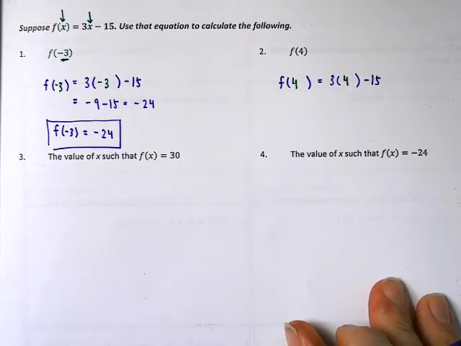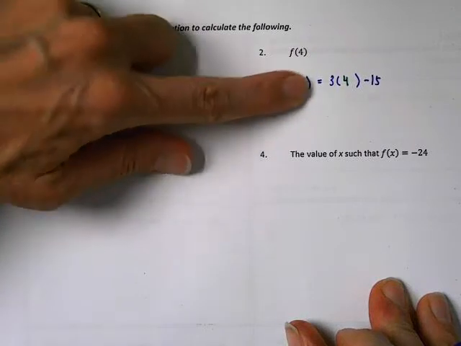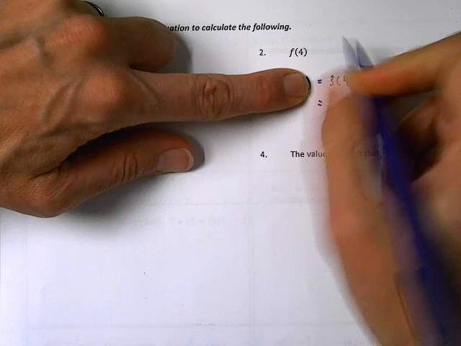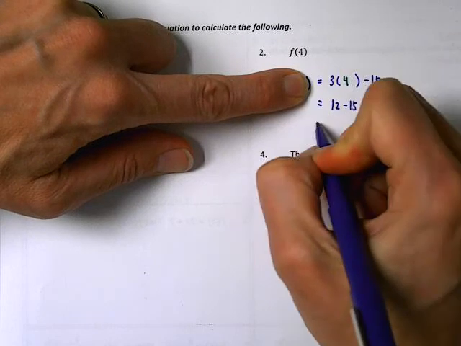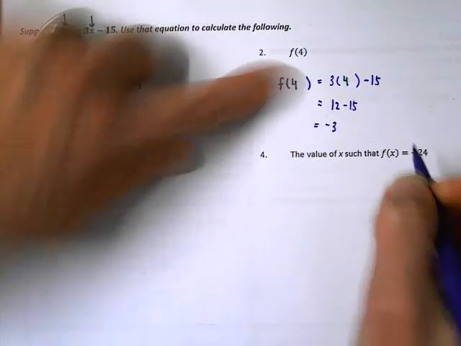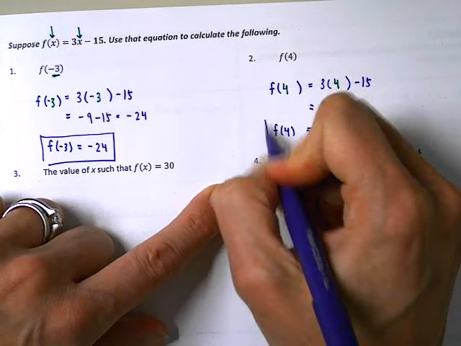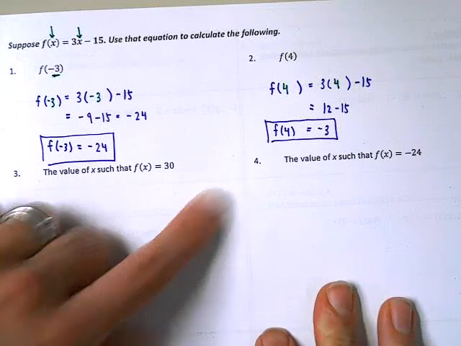And again, f of 4 is just the name of the function. So all I'm doing is working with the right side. I have 12 minus 15, and that's going to give me a negative 3. So f of 4 is equal to negative 3.